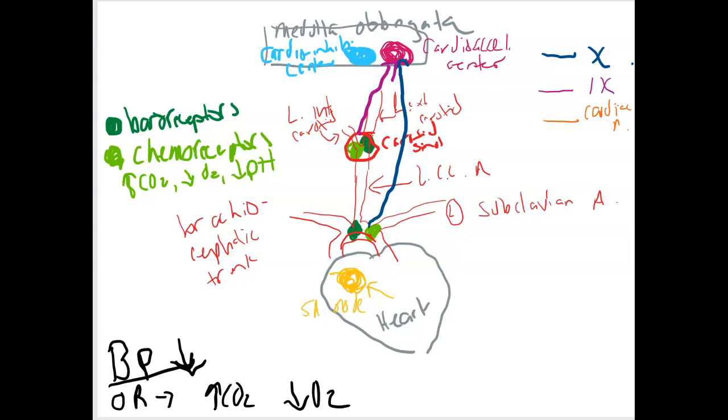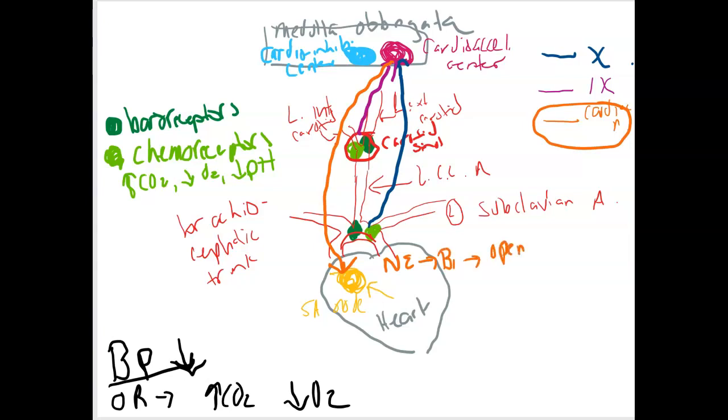Now, once I get up to the cardioacceleratory center, or cardiac acceleratory center, it's going to respond. And so it's going to send information out through the cardiac nerve to the SA node. That's my response. And then we know that when it gets to the SA node, it's going to hit it with norepinephrine, which binds to your beta-1 receptor.